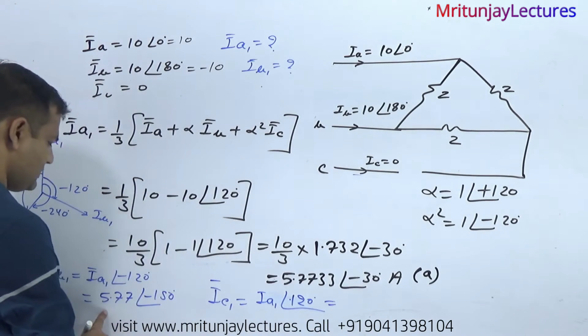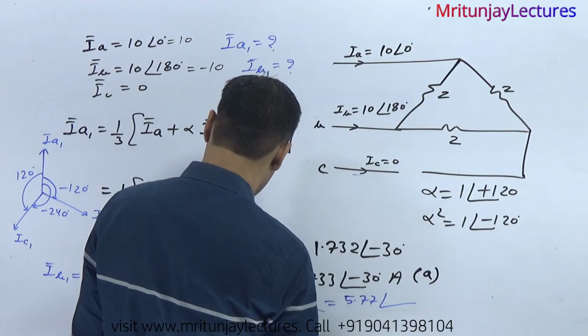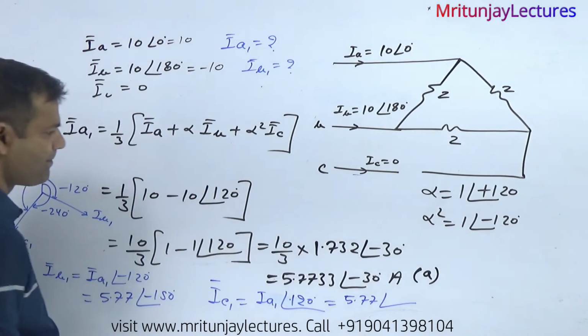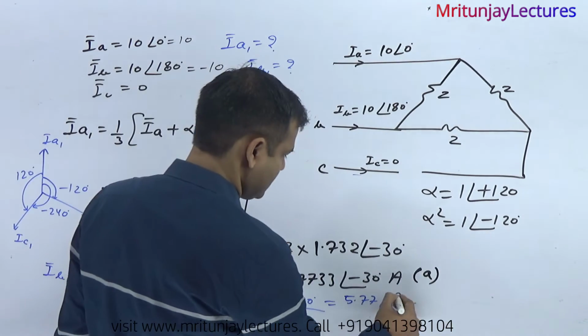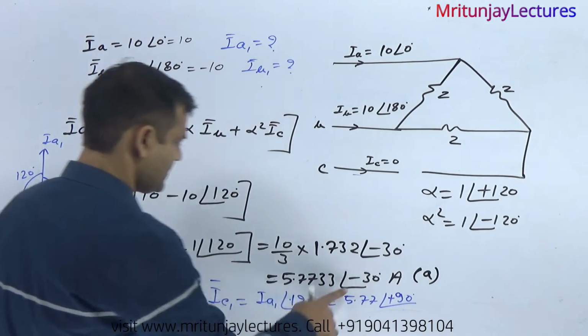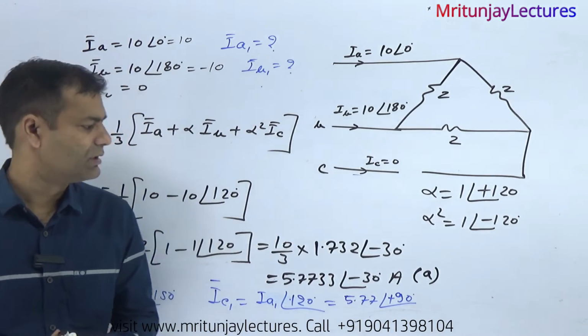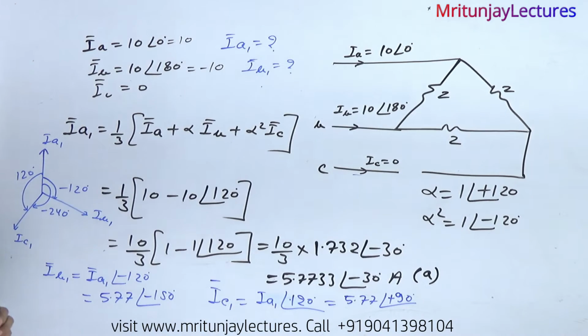So IA1 is 5.77 at the angle minus 30 plus 240, we got plus 90 degrees. Okay, make it.